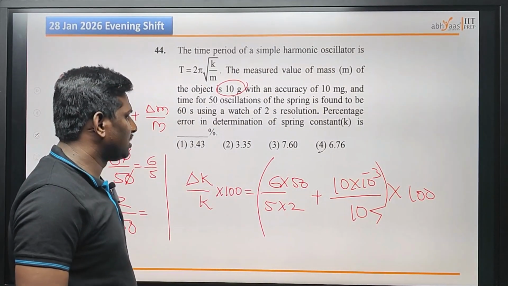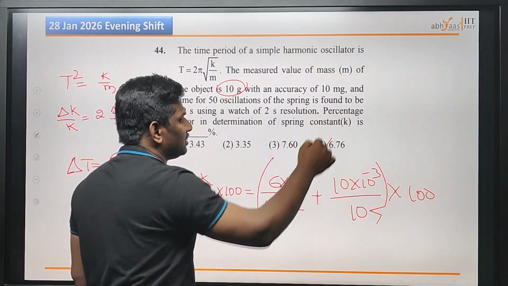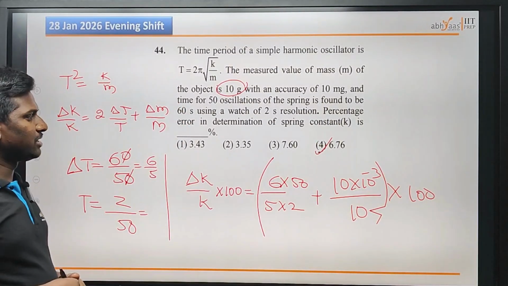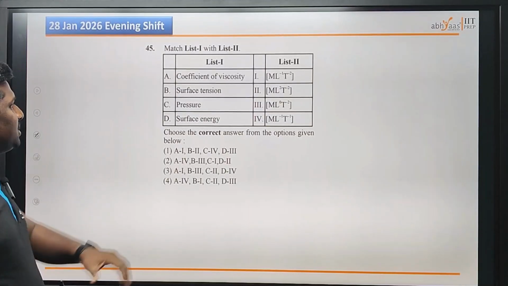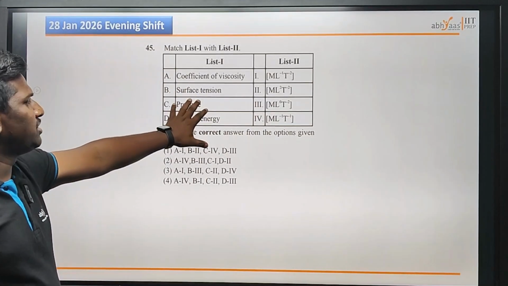If you solve this one, you will get 6.76 percentage.